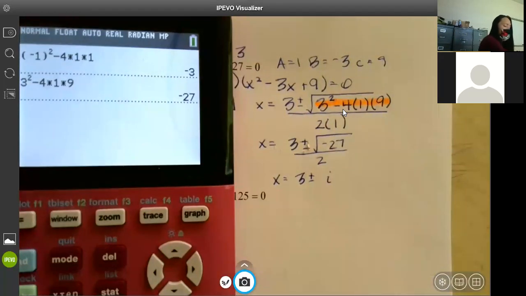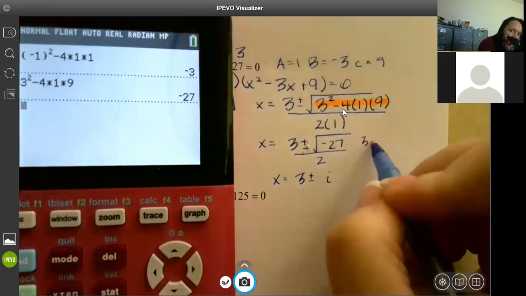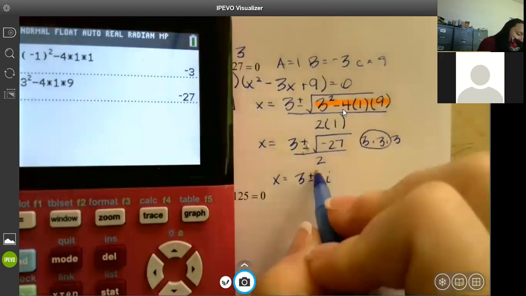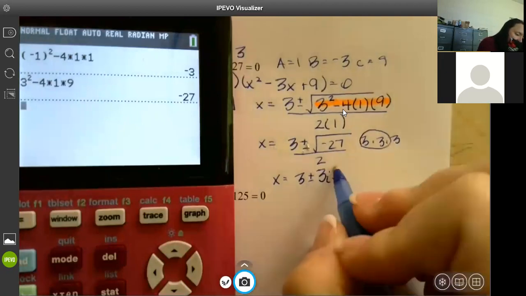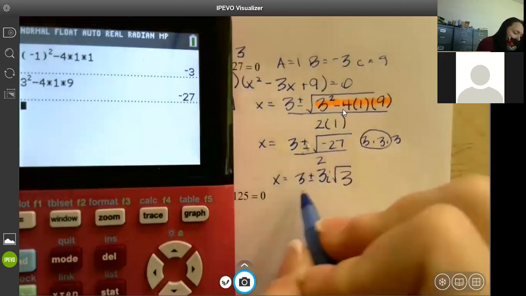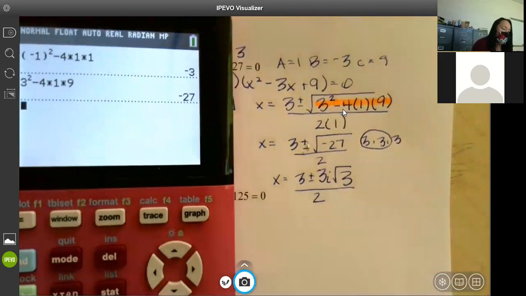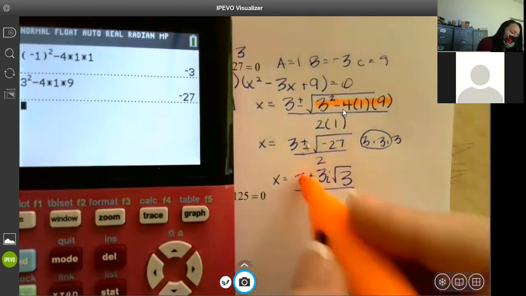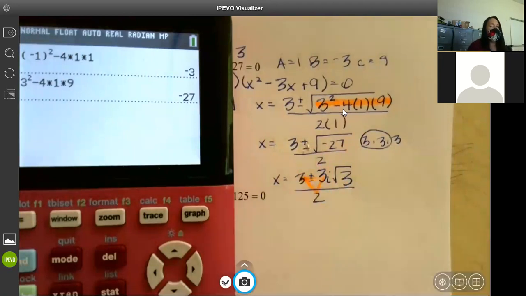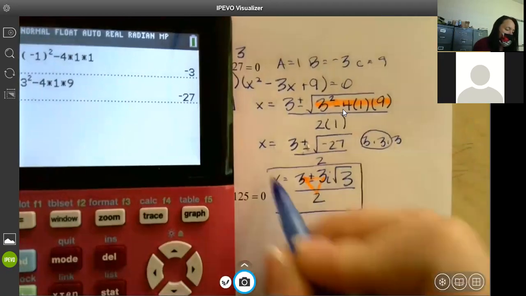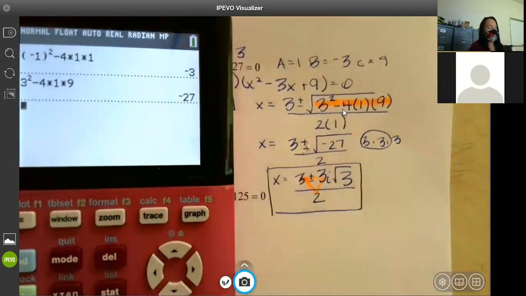I'm going to break it down. 27 is 3 times 3 times 3. We're looking for pairs, so that's going to go on the outside. We left a 3 on the inside over 2. The last thing you check is this triangle of numbers. It will not reduce, so this is your final answer. I'm hoping that we'll get one in these that'll reduce, okay?